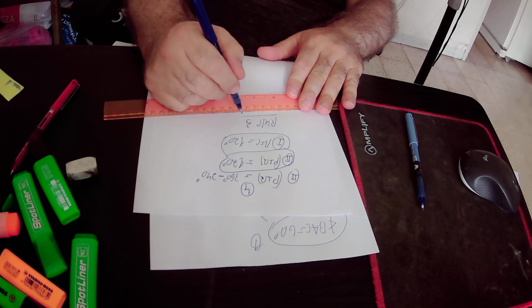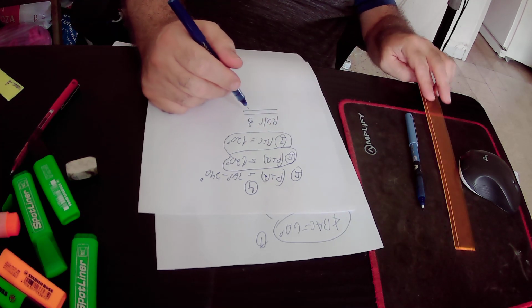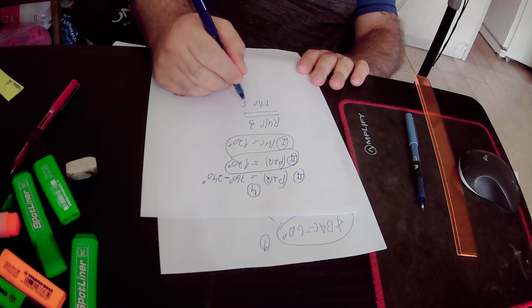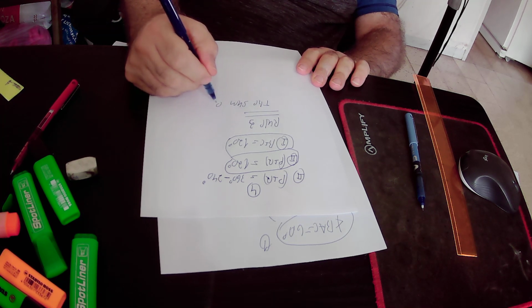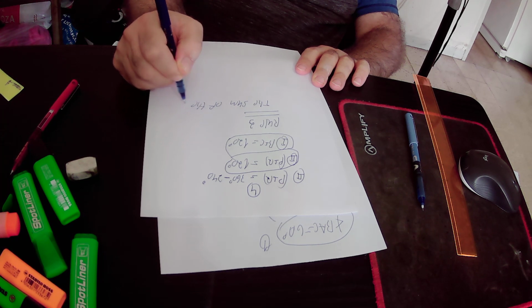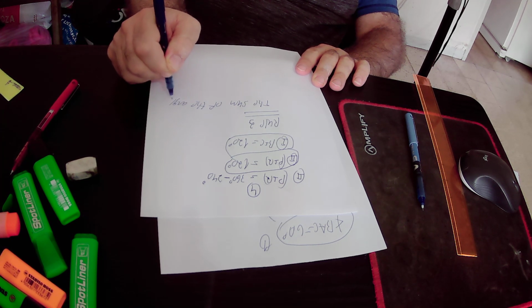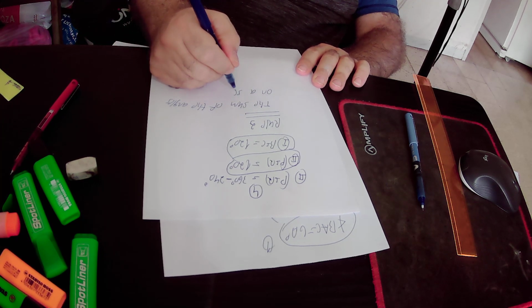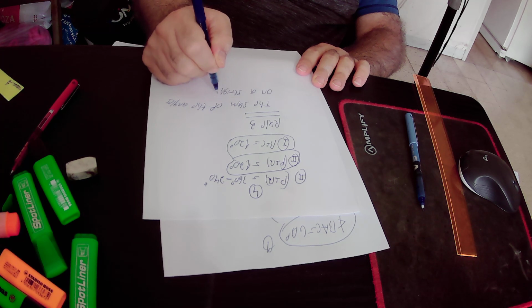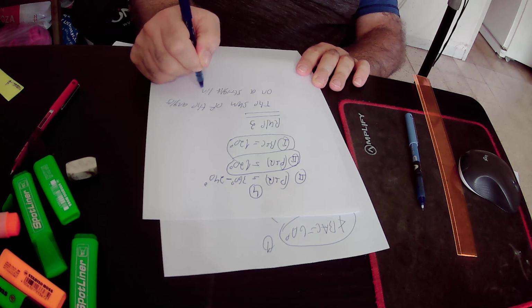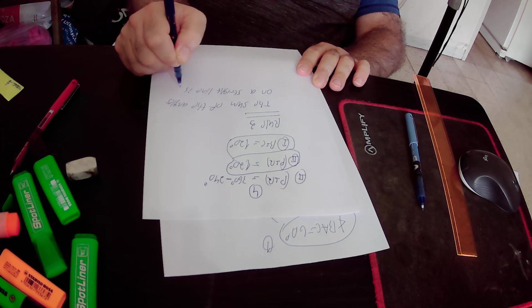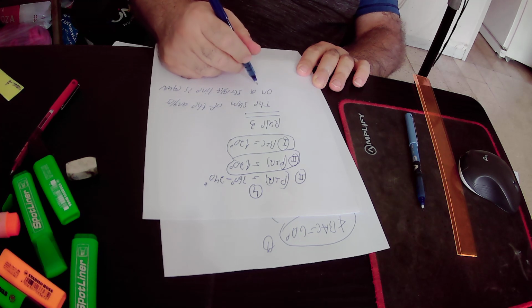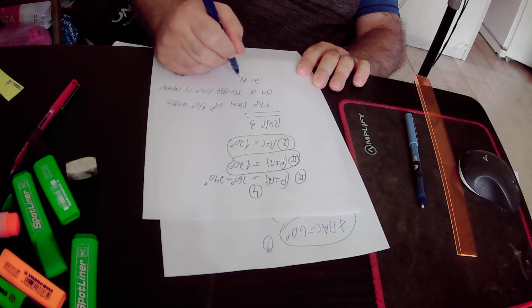Rule number 3 states that the sum of the angles on a straight line is equal to 180 degrees.